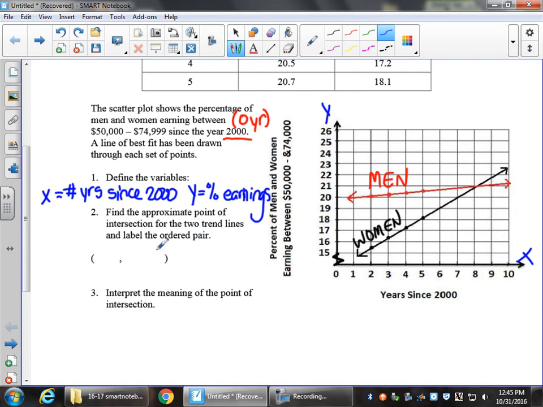Find the approximate point of intersection for the two trend lines and label the ordered pair. So the point of intersection is exactly what it sounds like. Where do these two lines intersect? So I'm looking at my two lines, right there. There we go.